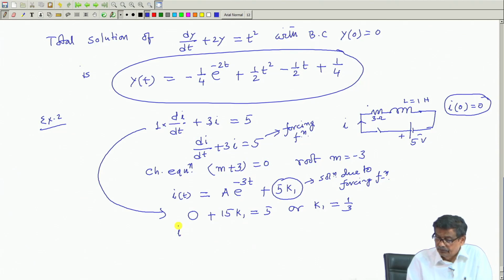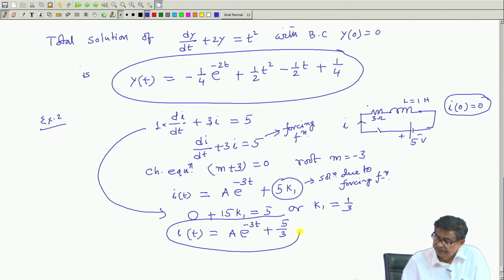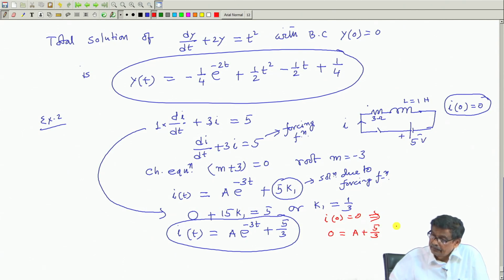Therefore, then I will say the total solution is equal to a into e to the power minus 3t plus 5 by 3. This is the total solution. Now, to find the constant a, apply the boundary condition which is I(0) is equal to 0. So, I(0) equal to 0 will give you what? 0 is equal to a plus 5 by 3.